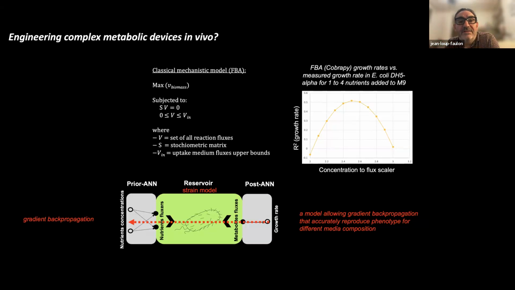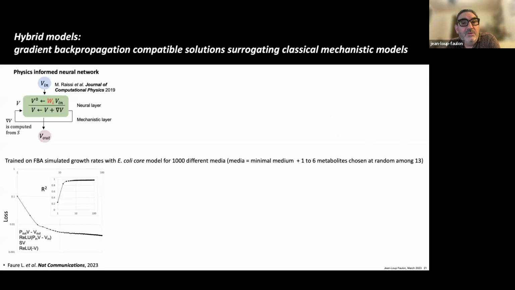Another issue with the classical flux balance analysis is that it's usually solved by a simplex algorithm, and the simplex algorithm is not compatible with gradient backpropagation. So we developed alternative techniques, which are borrowed from different fields. The first one is borrowed from physics.